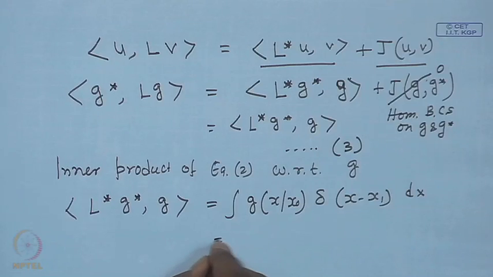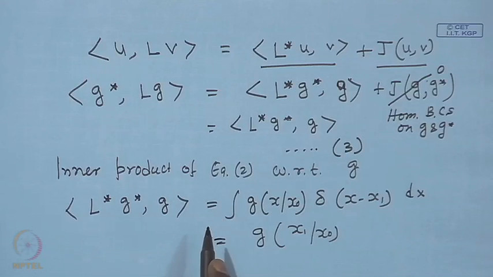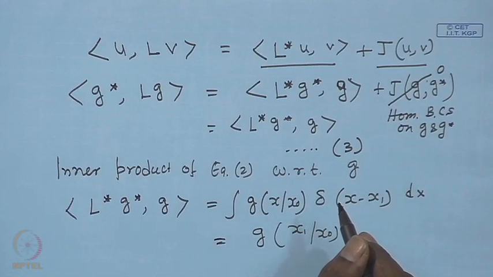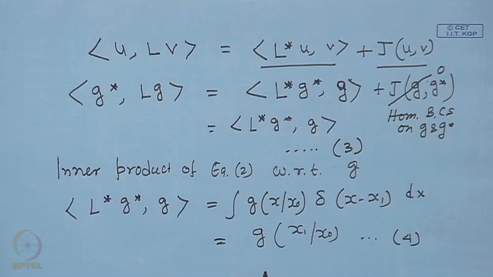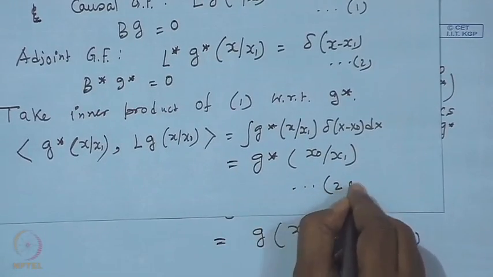So, using the shifting property of the Dirac delta function, this becomes g(x1/x0). This is equation number 4. So, equation number 4 and the equation whatever we have obtained earlier, this is equation number 2a.